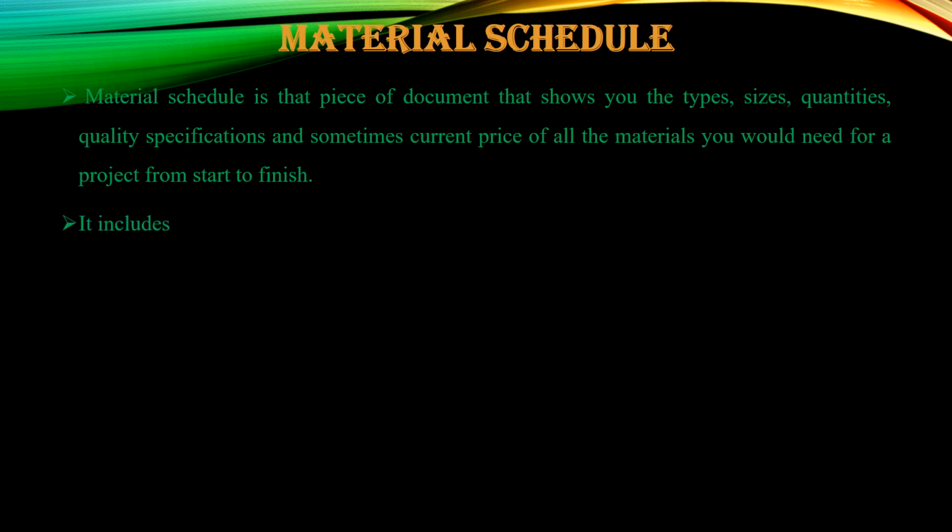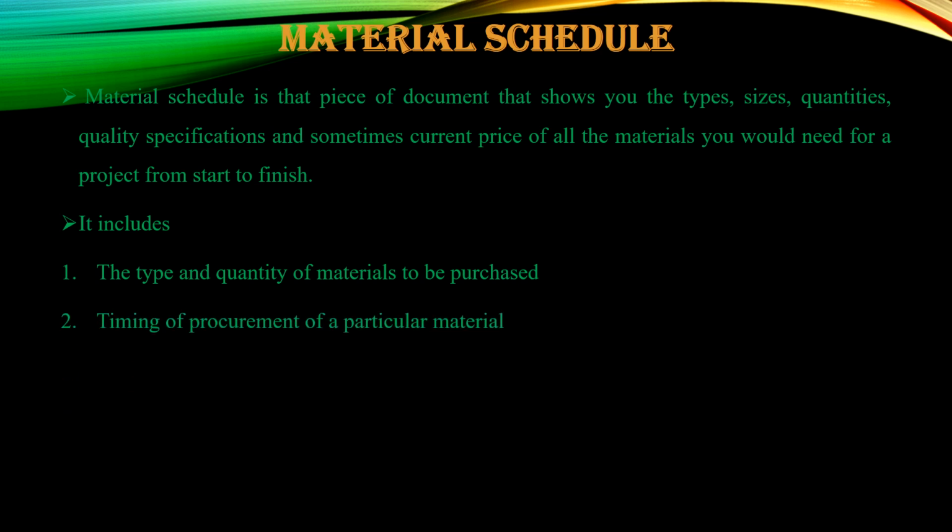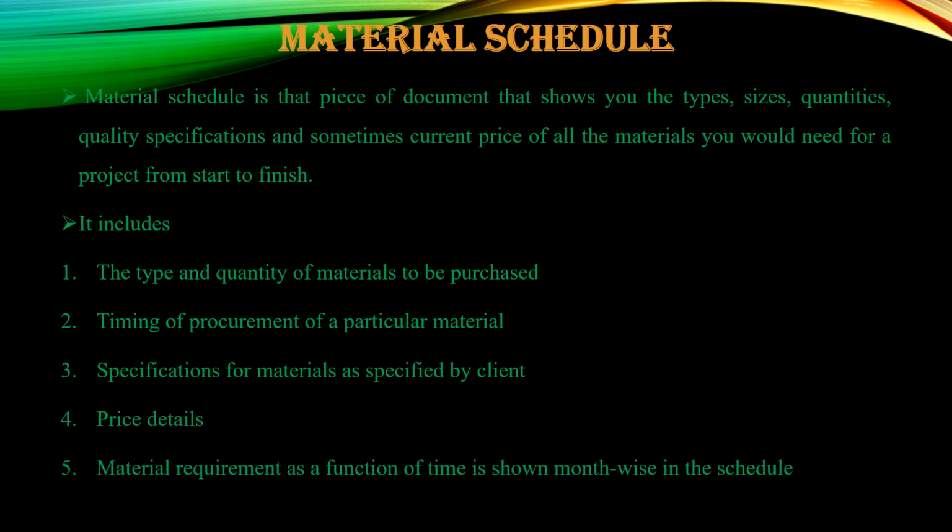It includes the type and quantity of material to be purchased, the timing of procurement of a particular material, specifications for material specified by the client, price details, material requirement as a function of time, which should be shown monthwise in that particular schedule. So a material schedule is the schedule consisting of the details regarding almost all materials that are procured in the construction site.